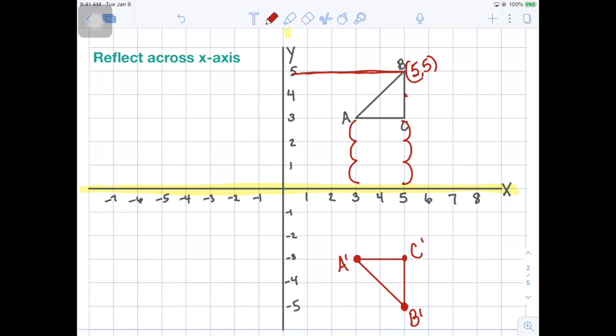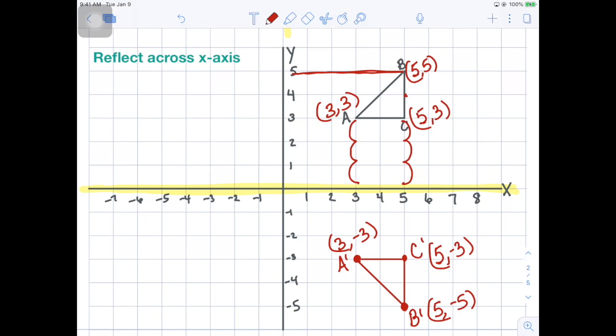Let's look at our coordinates. This one is now 5, -3. Originally it was 5, 3. We already did B, originally 5, 5, and now it's 5, -5. A originally was 3, 3, and now it is 3, -3.